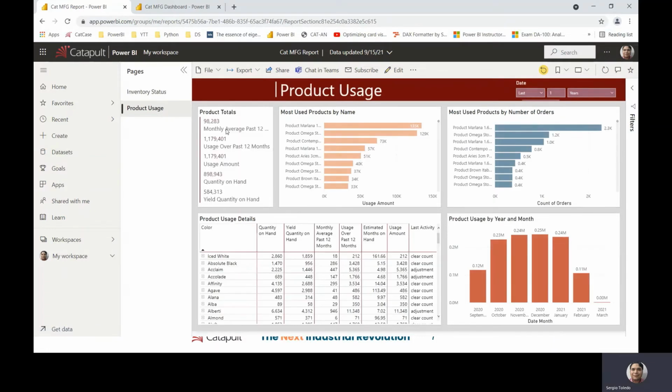We also have here a product usage page. So here is just to show what products are being used the most or the least. So we have the totals again, monthly average past 12 months, usage over the past 12 months, usage amount. These two are the same because we don't have a whole year amount for these products in the data set.